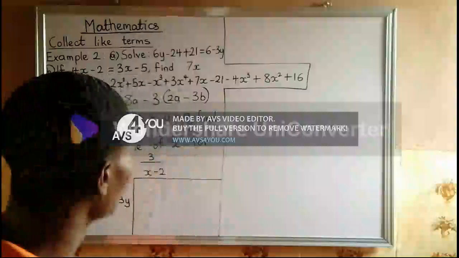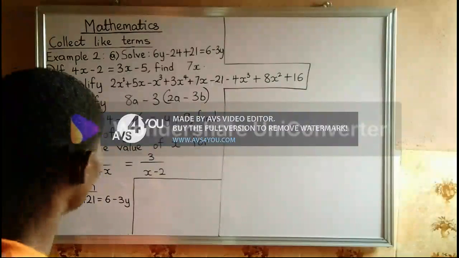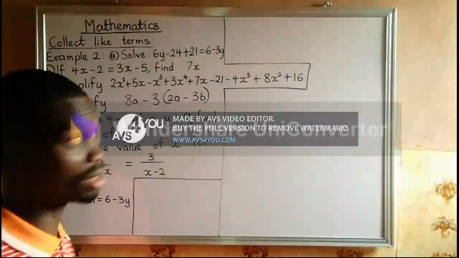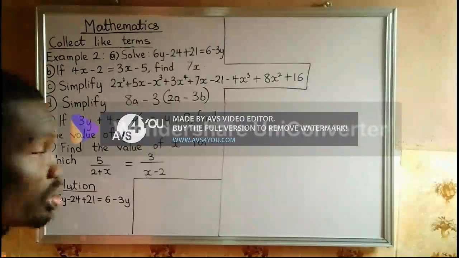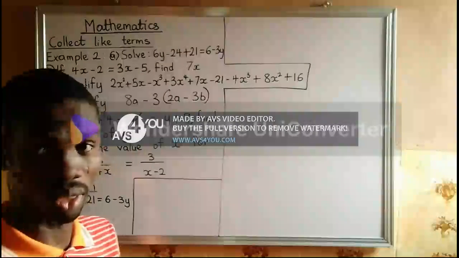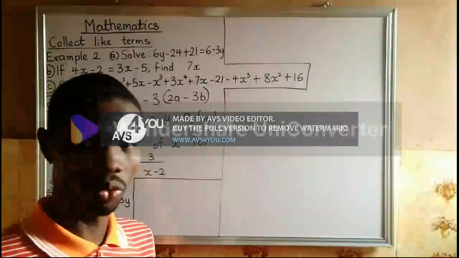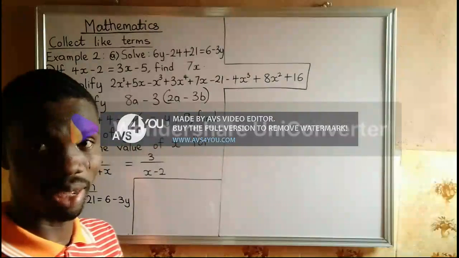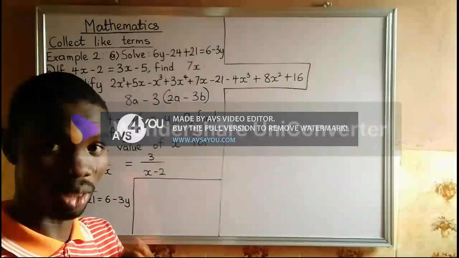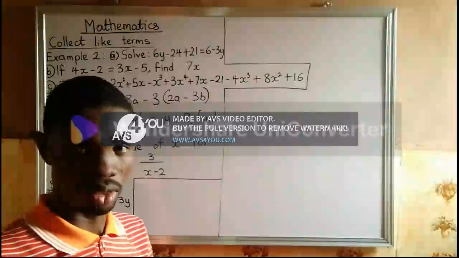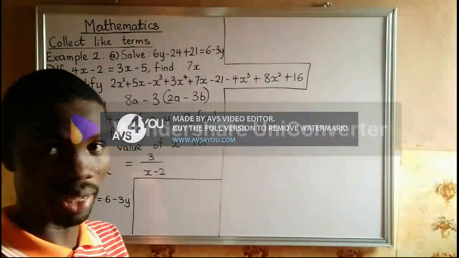Today we are moving on to the next principle, which is collecting like terms. Remember, the reason for this series is so you could know the right time, the right stage at which a particular principle is rightly applied.